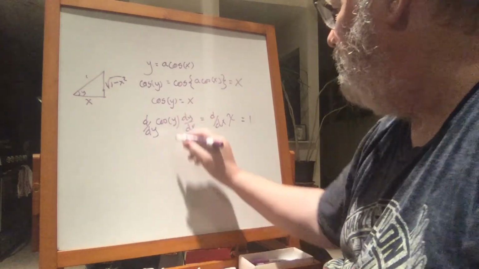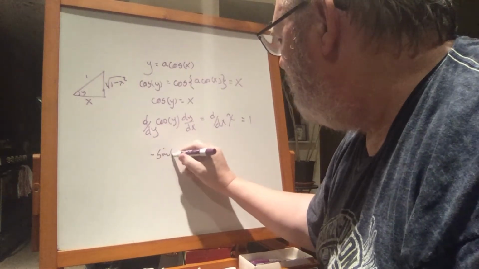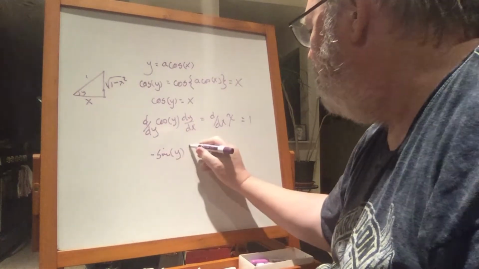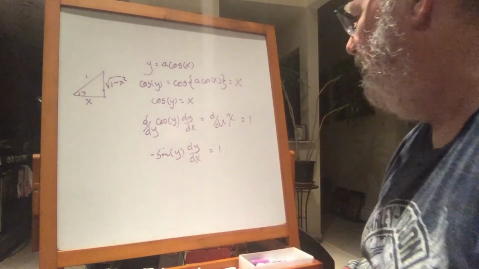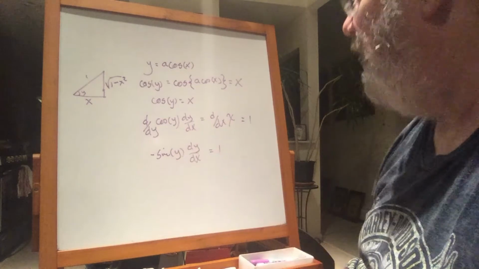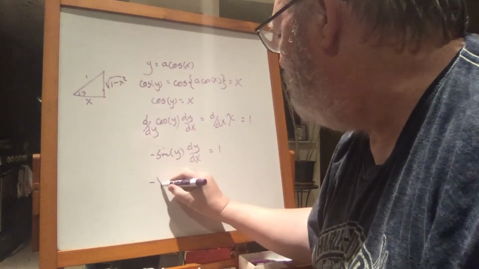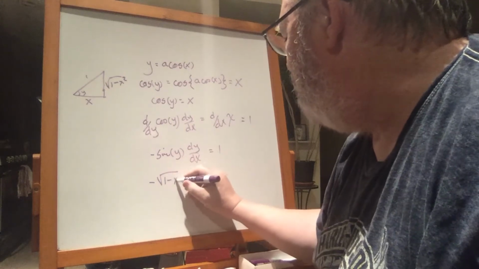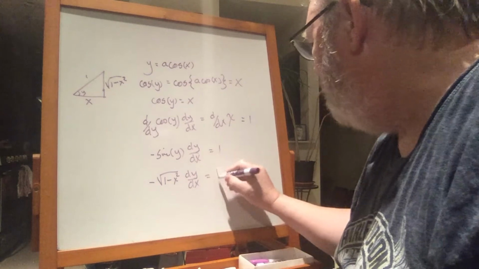And d dy of cosine of y is minus sine of y, times dy dx, equals 1. But the sine of y is this over that. So that's minus the square root of 1 minus x squared times dy dx equals 1.